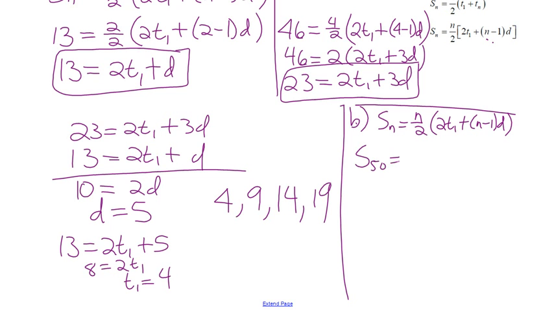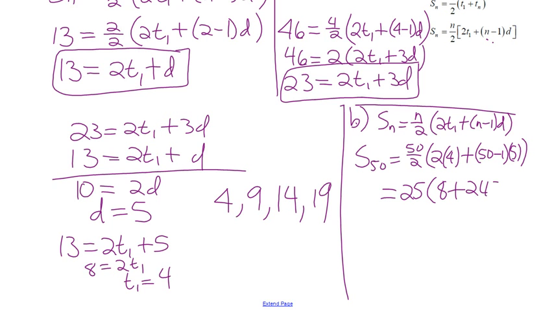S50 is 50 over 2 times 2 times t1, which we know is 4, plus 50 minus 1, and d we know is 5. It's always 49 times 5 for some reason. And what's that work out to? 6,325. Is that what you got yesterday?